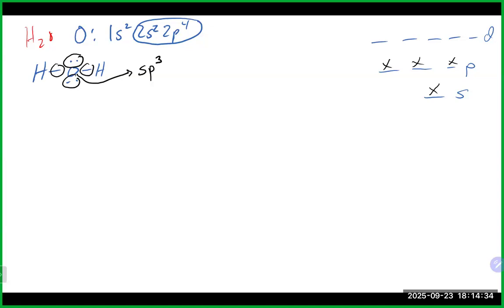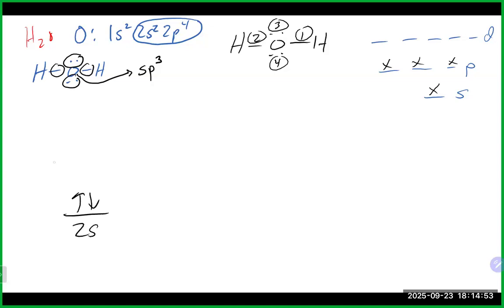Now we can see what's happening with water here. Let's redraw it one more time. And we'll call this bond 1, bond 2. We'll call this 3 and 4 in terms of lone pairs. And we're going to have, in terms of our orbitals here, a 2s, which has a couple electrons in there, and our 2p, which has 1, 2, 3, and 4.